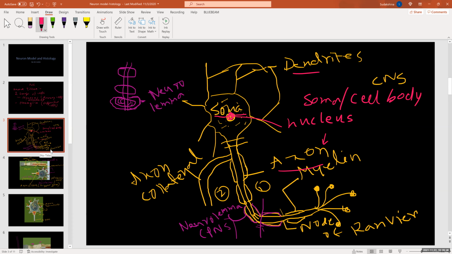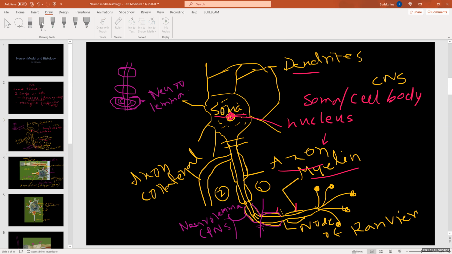This axon is covered by a lipid covering, a lipid case. That lipid case is referred to as myelin, right here. Not continuously, but rather discontinuously. So in places, intermittently, the whole axon will be visible.